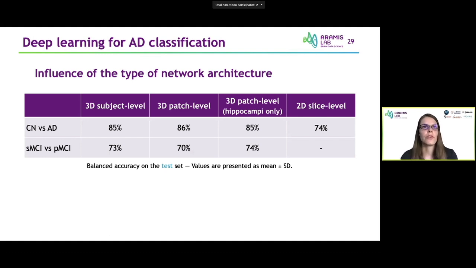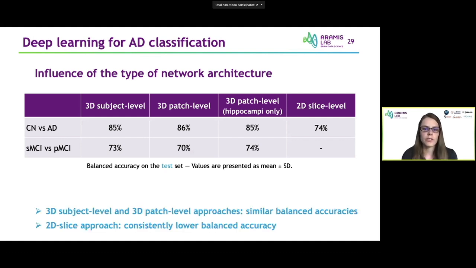In general, the 3D subject-level and 3D patch-level approaches provided approximately the same level of performance, and the 2D slice approach was less efficient. And we can hypothesize that this is because the spatial information is not adequately modeled by the 2D slice approach.